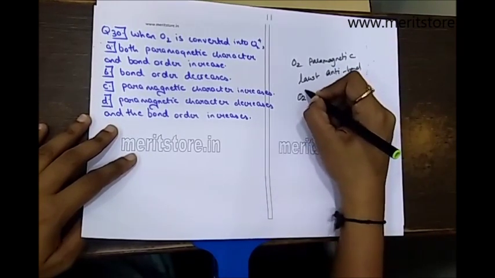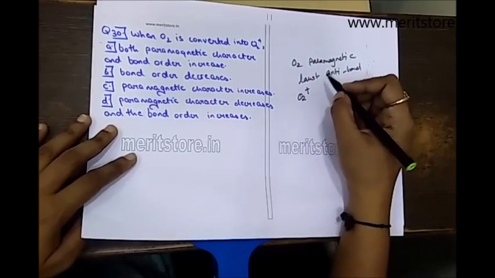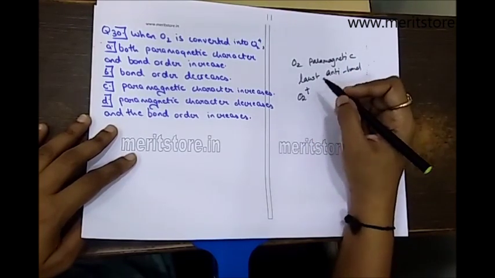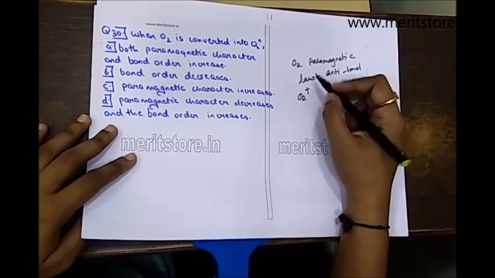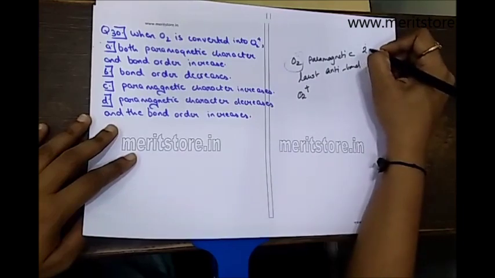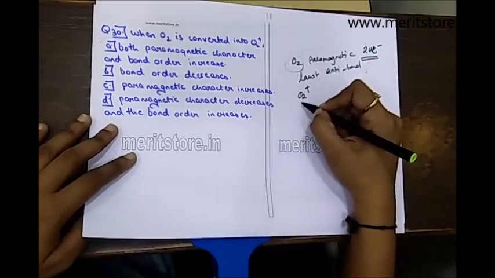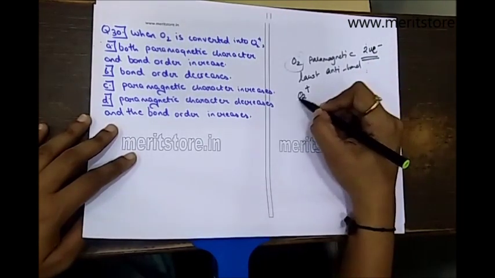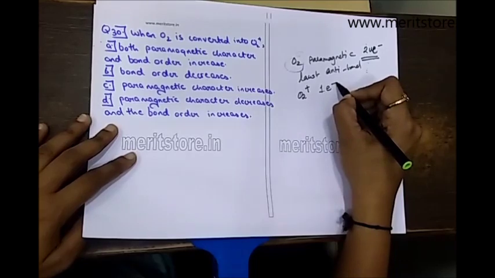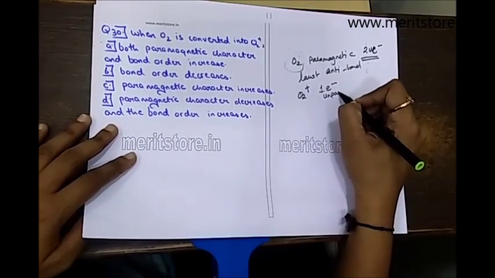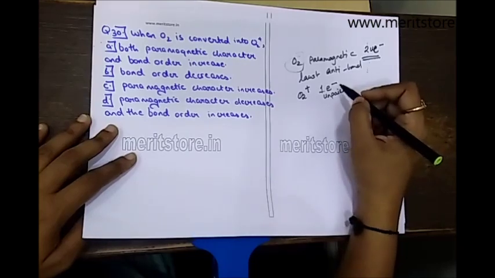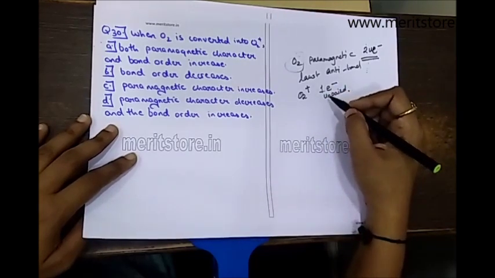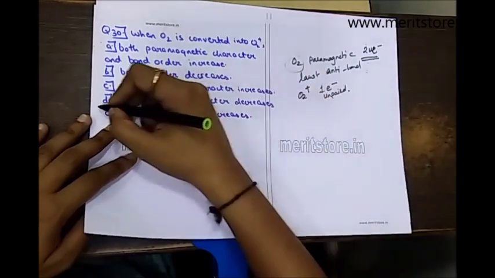When you have O2 plus, that means you are removing one electron, and as you remove one electron, the paramagnetic character will decrease, because oxygen is paramagnetic due to 2 unpaired electrons, and when I'm removing one electron from this, now O2 plus will have one unpaired electron only. So hence the paramagnetic character will decrease, but at the same time, since the bond order is increasing, the bond angle of that particular molecule will be increasing. Hence our option is D.